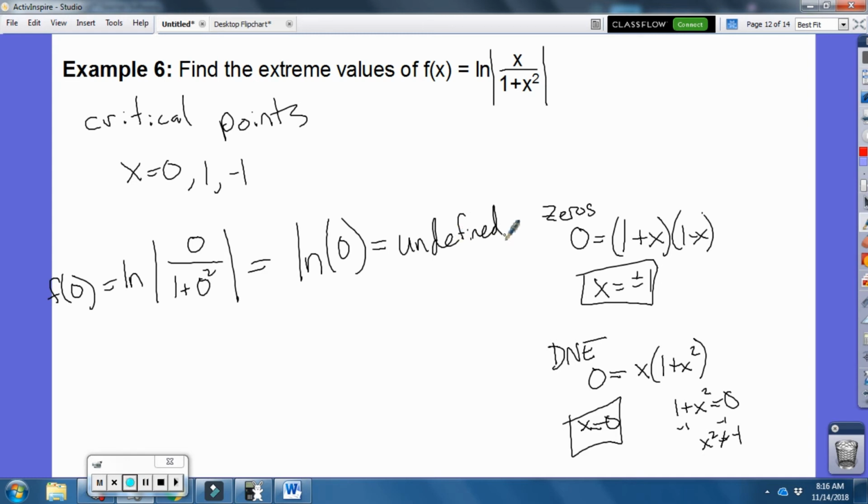Even though on the graph it looked like there's a minimum at 0, the natural log of 0 does not exist. So there is no max or min there. It's not continuous.